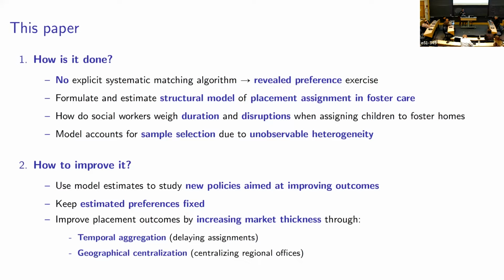One is temporal aggregation: what would happen if instead of matching kids every day, they would wait and batch for a few days or a week? The other is if these regional offices would actually coordinate, talk to each other, and centralize assignment across the whole county.